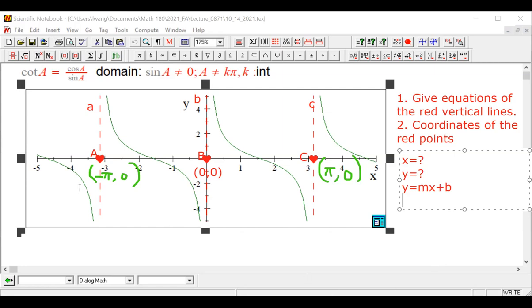But we need to understand line equations. Let me write it down.